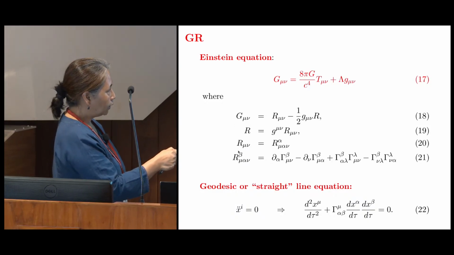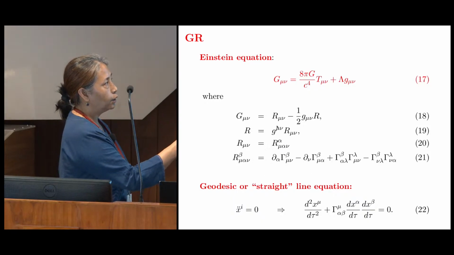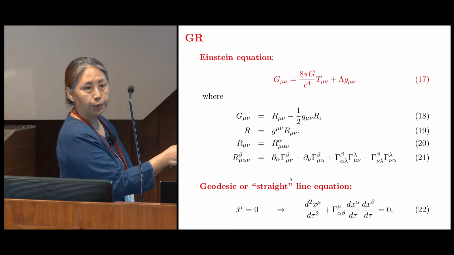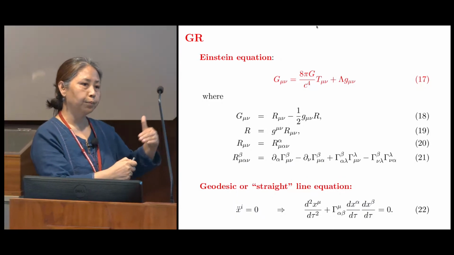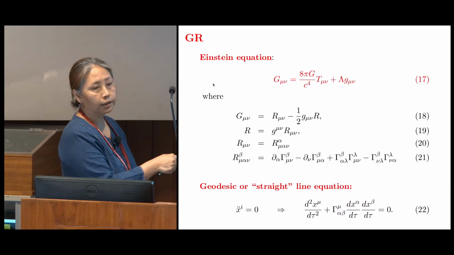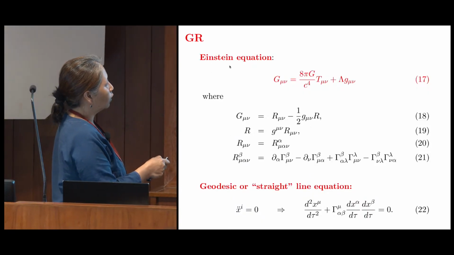The R mu nu is from the Riemann curvature tensor, you can contract two indices of it, and the curvature tensor is the derivative of the gammas. So you build up these quantities step by step in this way.